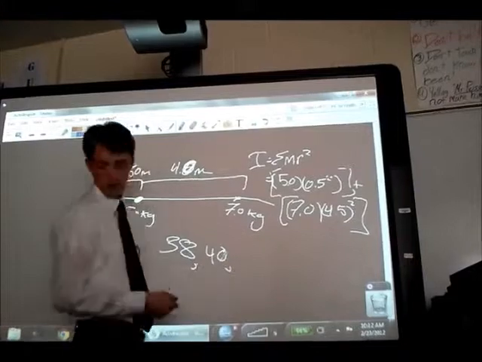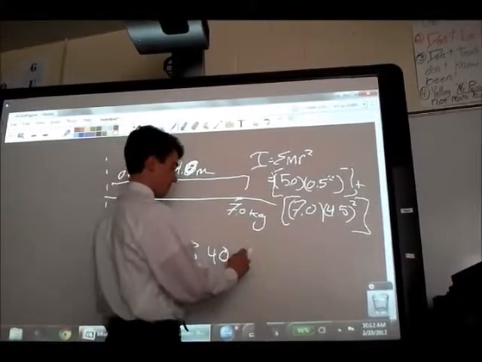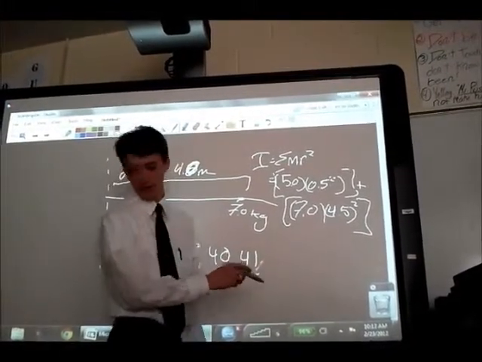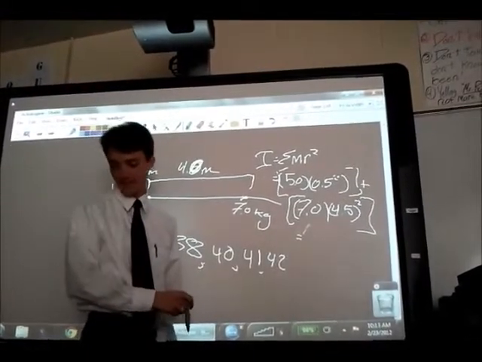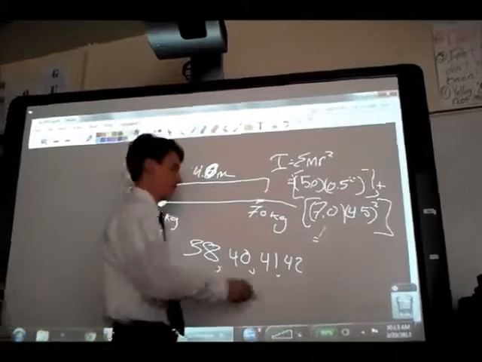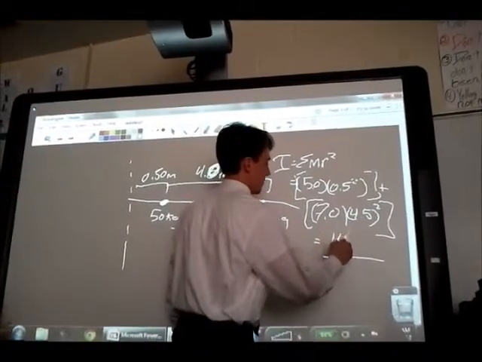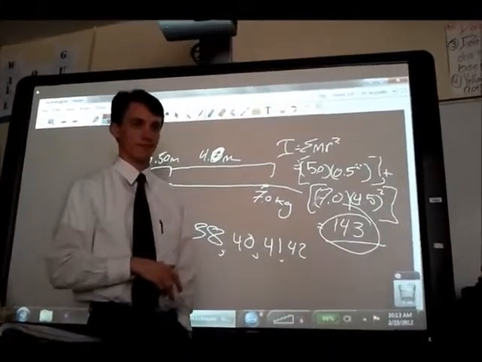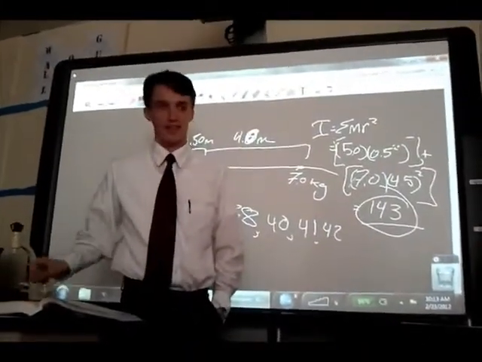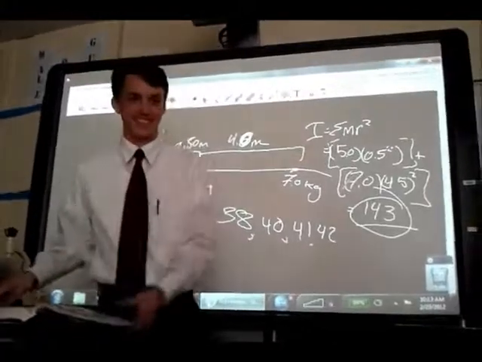Oh snap! You're adding it all together, right? What's the correct answer? 141. Wait till tomorrow and do problems. 142, 143, one of them. How much change do you have in your pocket? Nothing.